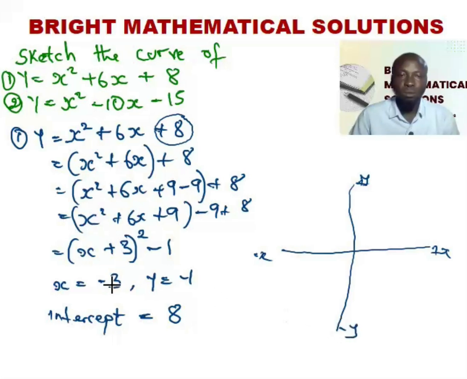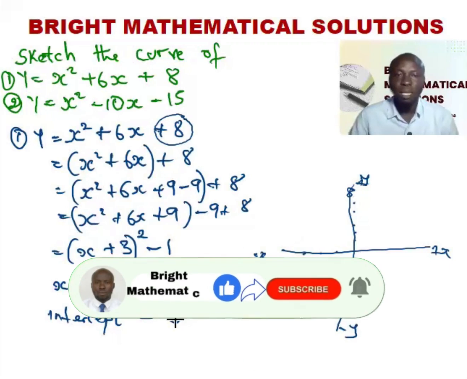Let us assume our minus 3 is somewhere here, and our y of minus 1 is here. Where minus 3 and minus 1 meet is the minimal point of this graph. Let us assume that this is minus 1, and counting 1, 2, 3, 4, 5, 6, 7, 8, this is our 8, because our intercept says 8. So on the y-axis, this is 8.